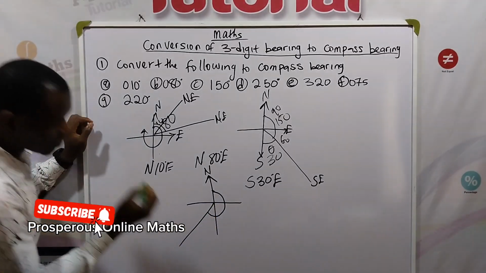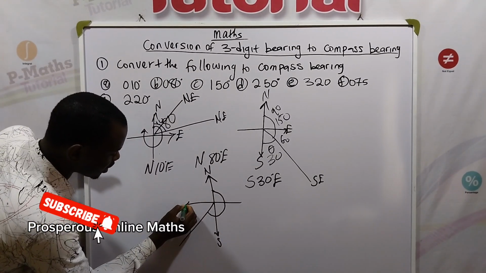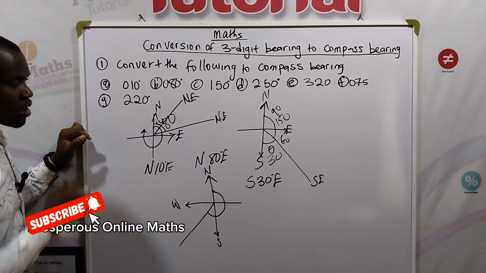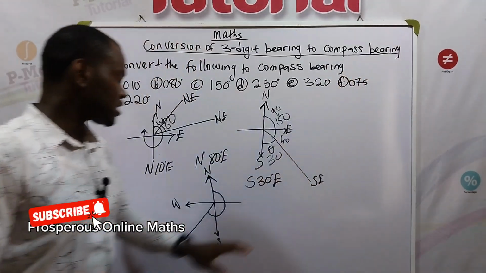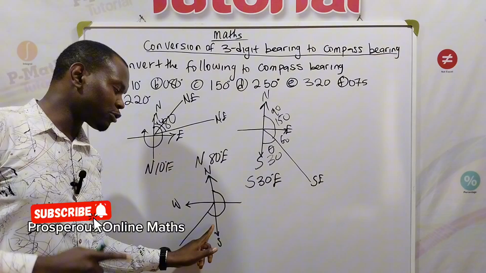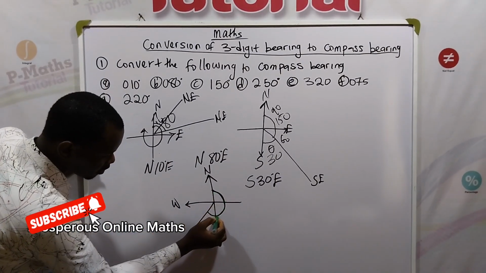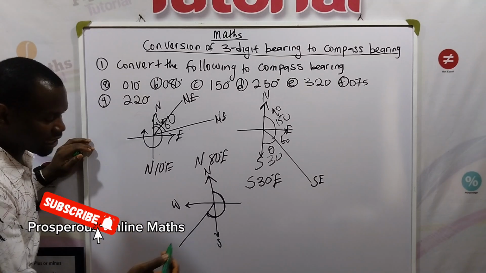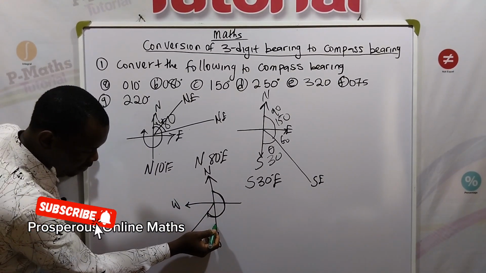Draw your cardinal points. Remember that here is your south and here is your what? West. Remember that the compass bearing you are looking for is the angle that takes reference with the south pole or the north pole. Now, since we have this angle from here down to this point, can we get an angle that is taking reference with this south pole? That is this angle. That's what we are looking for.